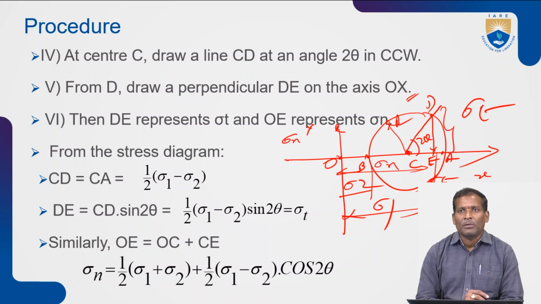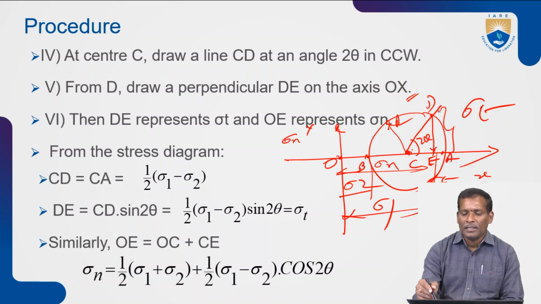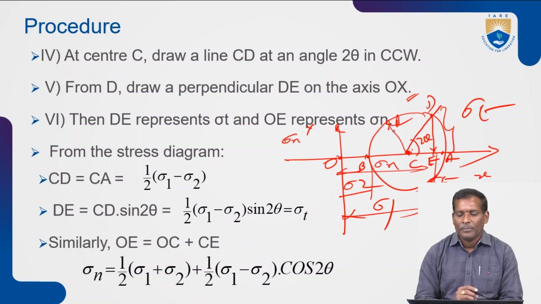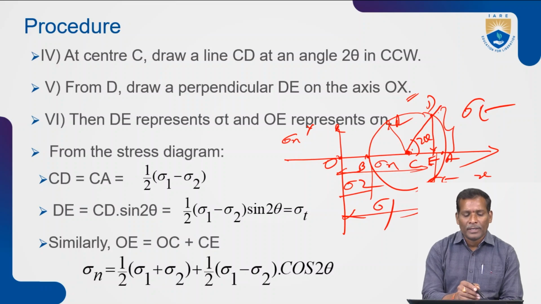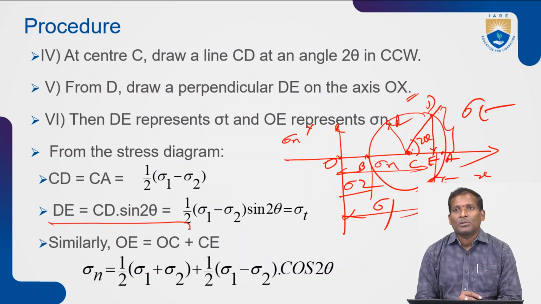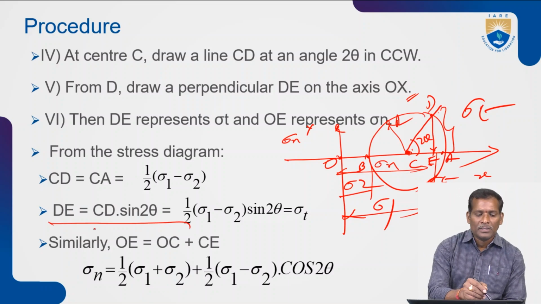From the stress diagram, CD is equal to CA, that is, (sigma 1 minus sigma 2) by 2. Now you can calculate DE is equal to CD sin 2 theta. Clear? So what is CD?